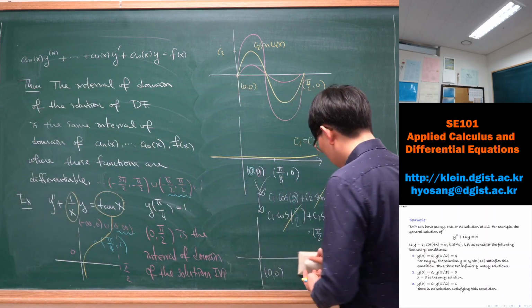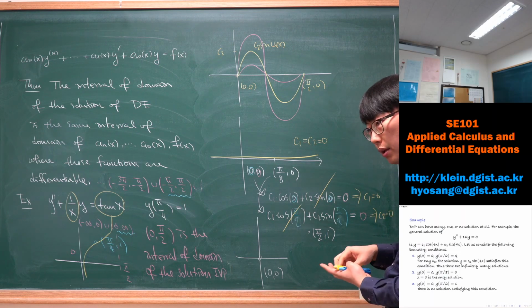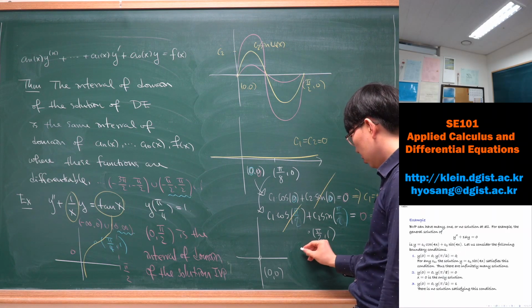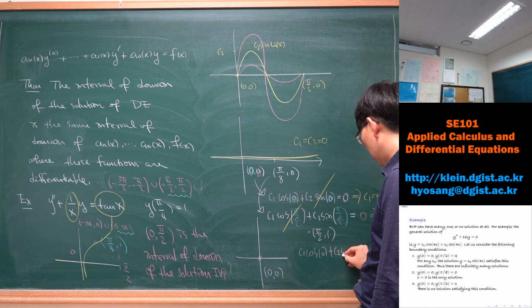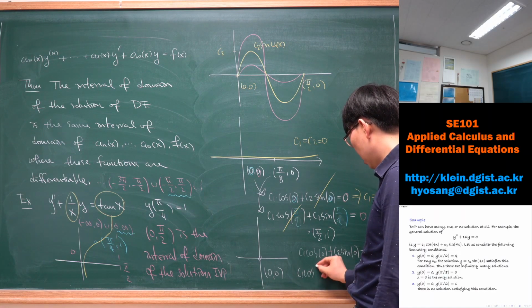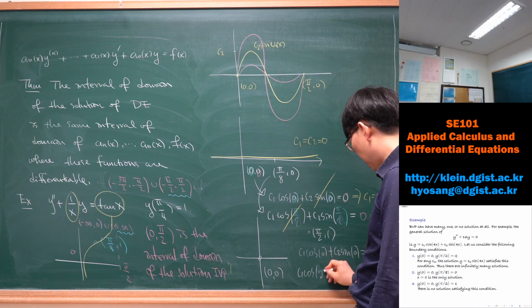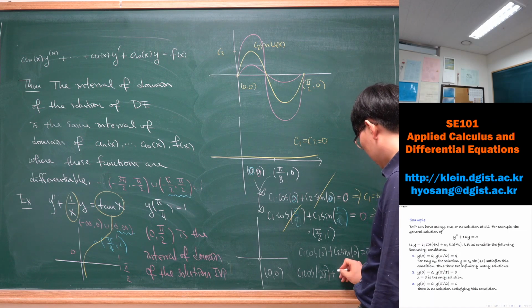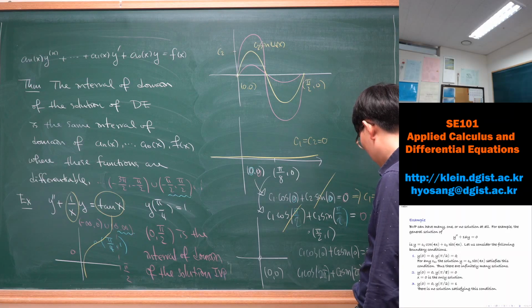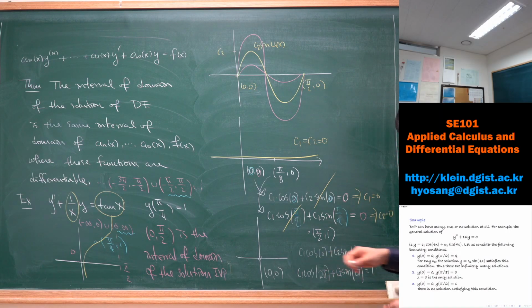To check that, you can simply plug in your values here. C1 cosine 0 plus C2 sine 0 is 0, and then 4 times x, so it's 2 pi, C1 cosine 2 pi plus C2 sine 2 pi equals 1. Now, the first equation tells you that C1 is 0. How about the second one?